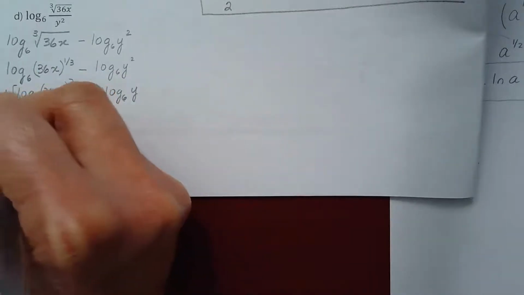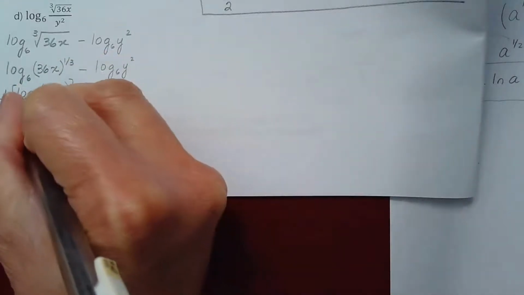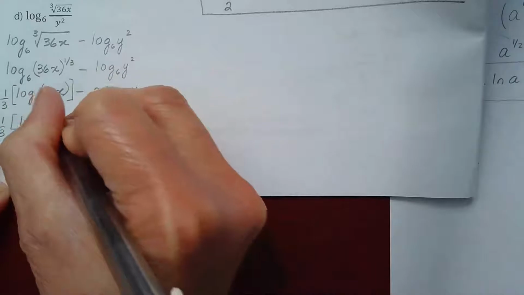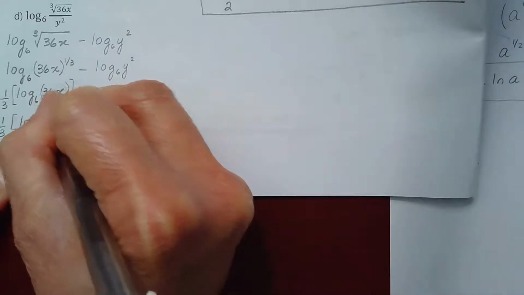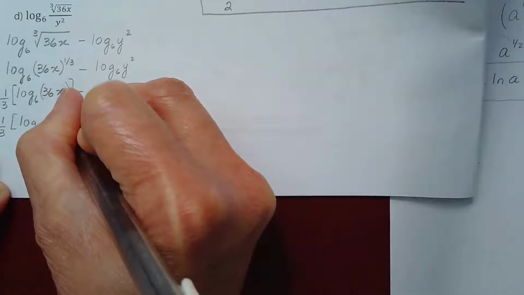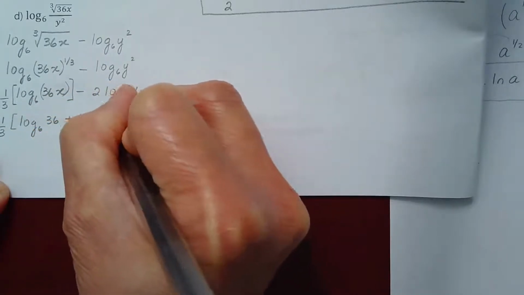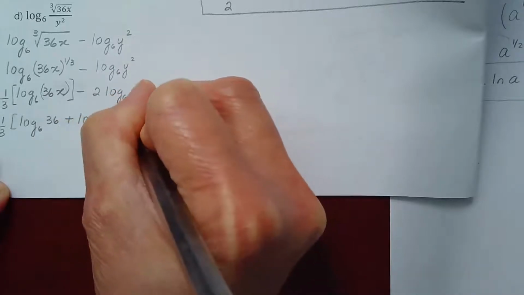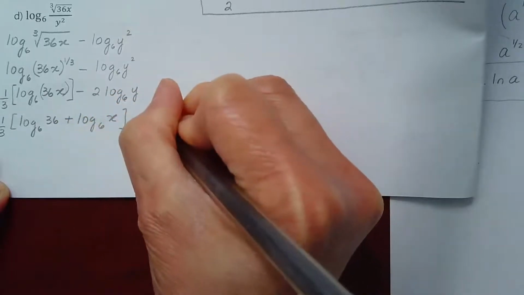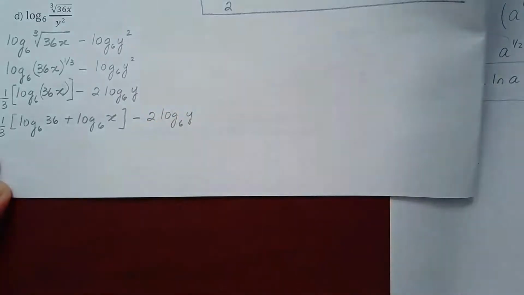So 1/3, it's going to be log of 36 base 6 plus log of x base 6 minus 2 log y base 6.